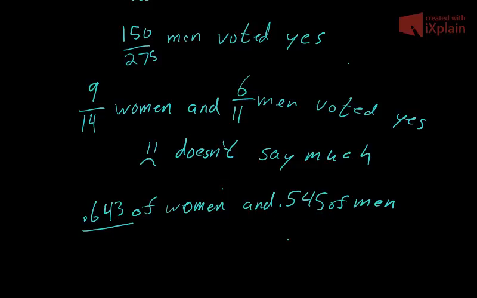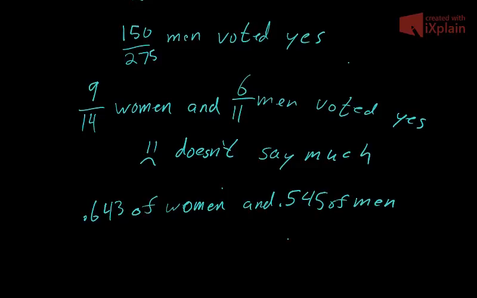But normally we don't like using decimals, especially when we're talking about people, because I don't really know what 0.643 women looks like. That's not really how women exist. Normally you have a whole woman. They're a discrete quantity rather than a continuous one. So decimals is normally one we kind of try to avoid here.